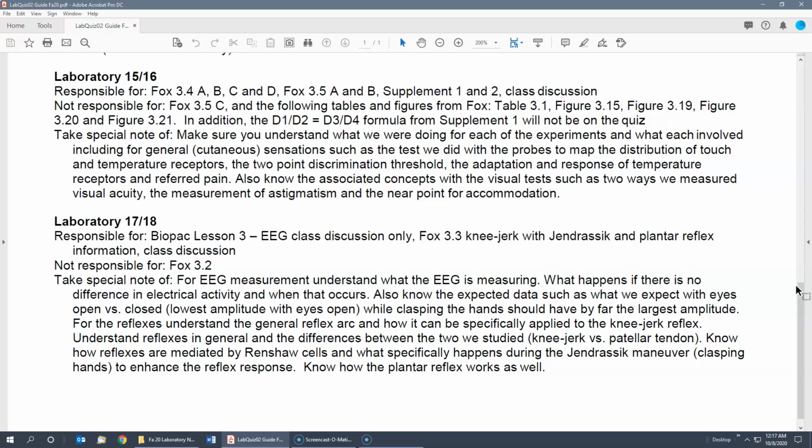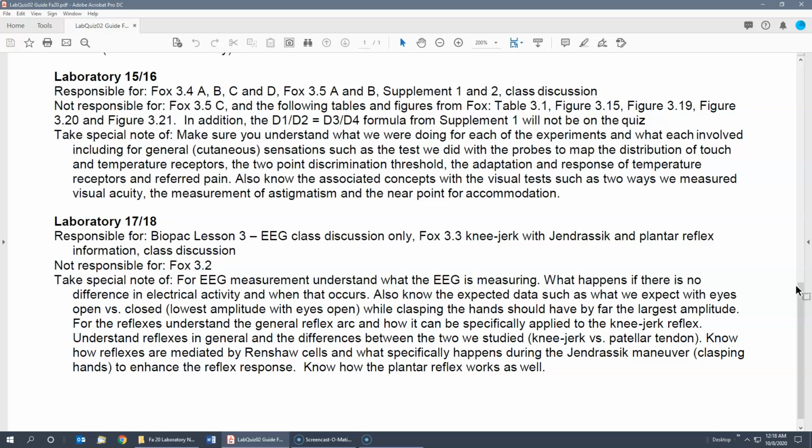By extension, then, if they're not specifically listed, you probably should look at the figures, and that's true of any FOX section: if they're not specifically excluded, and you're supposed to know that section in FOX, then you should pay attention to those as well. Also, the D1, D2, D3, D4 formula in the supplement, I won't put on the quiz either.